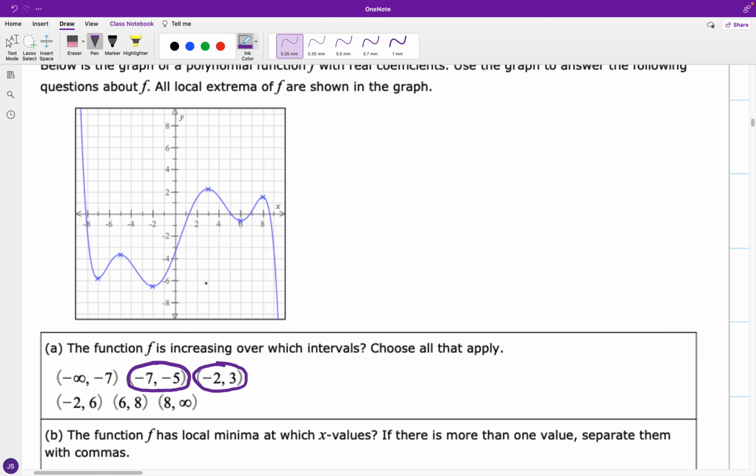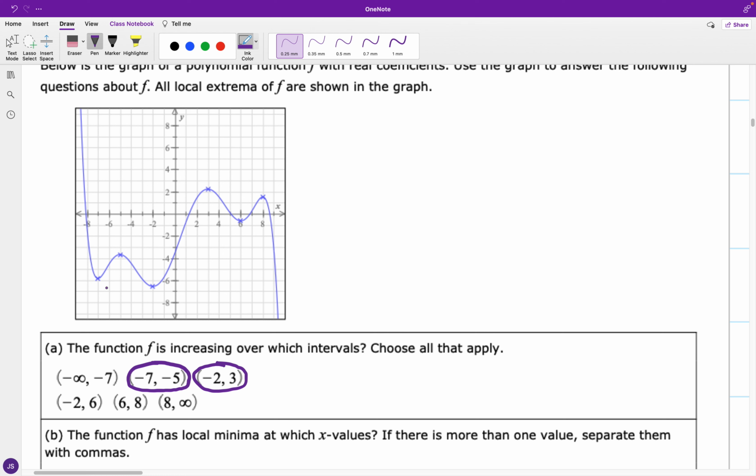Now between x equals negative 2 and x equals 6, you have an increase, then a decrease. And even though this relative minimum is above what we started out with, you cannot say that you have an interval of increase if you have a decrease in the mix. So we're going to ignore that.